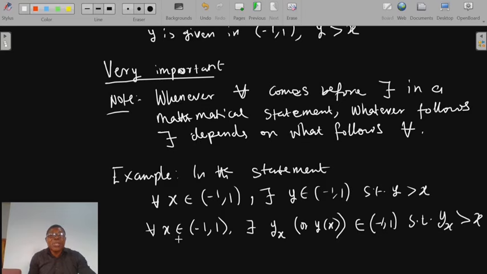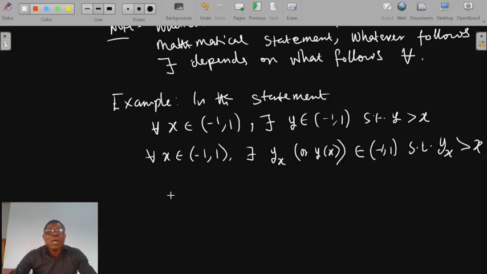And why this is so is that for me to be able to find y, x must be first given. So if you give me x, I can find y. So the possibility of getting y depends on the value of x that is given. That is why this is necessary. And as we proceed, we must always observe this and must write complete statements so that we do not put ourselves in trouble. This dependence on x means a lot.